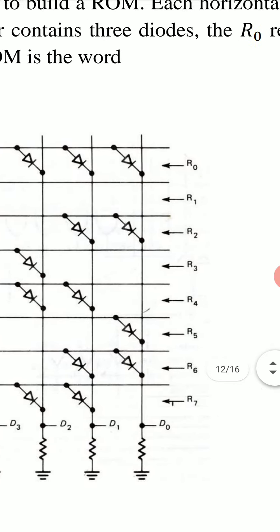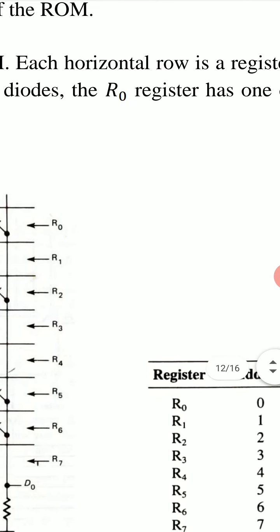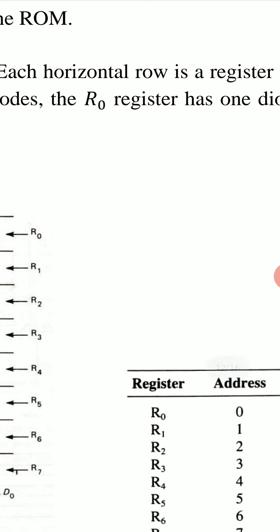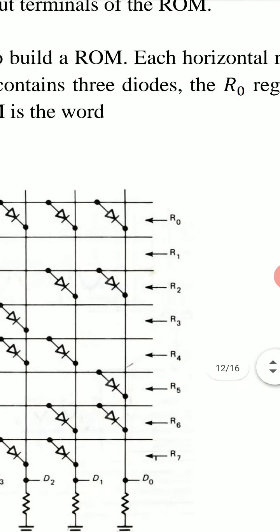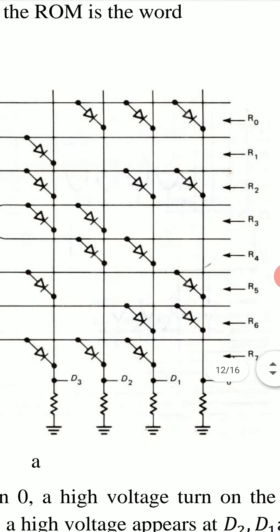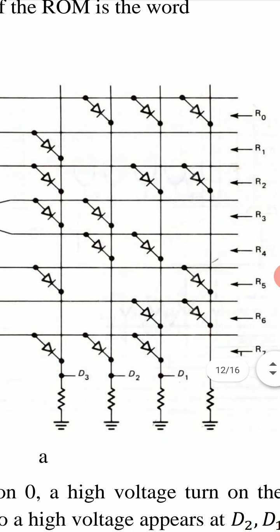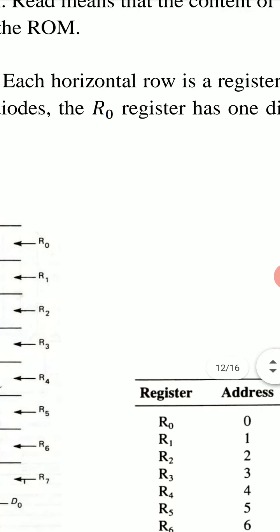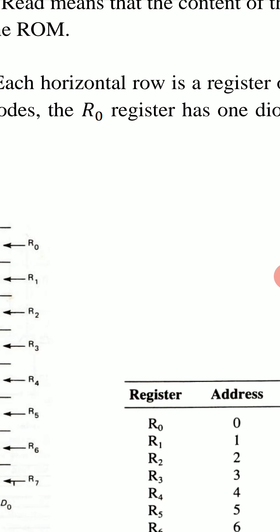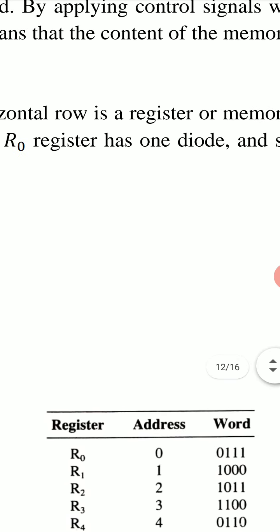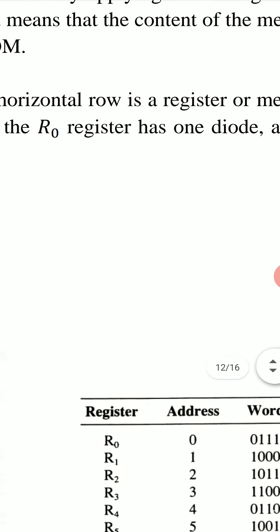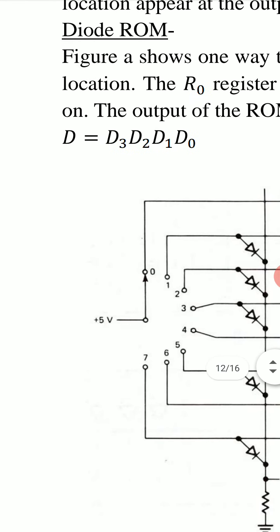So it is not R0. Second time it is not R0 but it is R1. The R1 register has 1 diode. Look at the figure. So correct here, it is not R0, it is R1 register which has 1 diode, and so on.